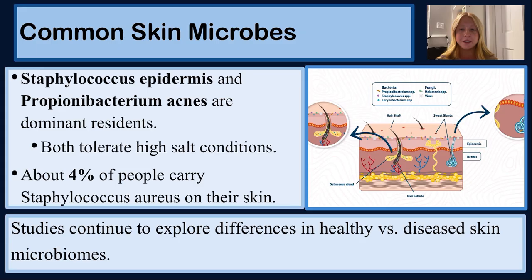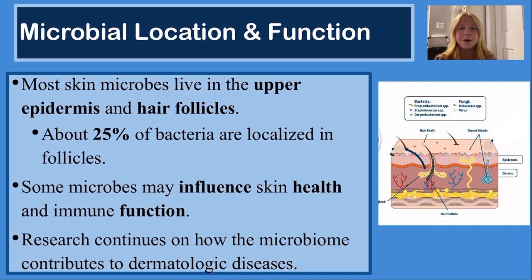So researchers are still continuing to study how the balance of these microbes changes in people with skin disorders and what role they play in maintaining or disrupting health. Most microbes living on the skin are found on the outer layers of the epidermis and inside hair follicles, where they're more protected from the environment.